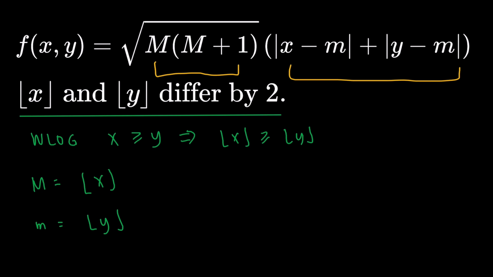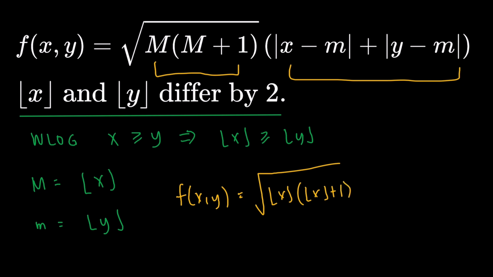Now, if the floor of x and floor of y differ by 2, this is what's going to happen to the function. f of x, y is going to become the square root of, well, capital M is floor of x, so I could just write this down. And the second part I could write a little bit interestingly, because it's just x plus y. Take a look here. x minus the floor of y, obviously that's positive, right?